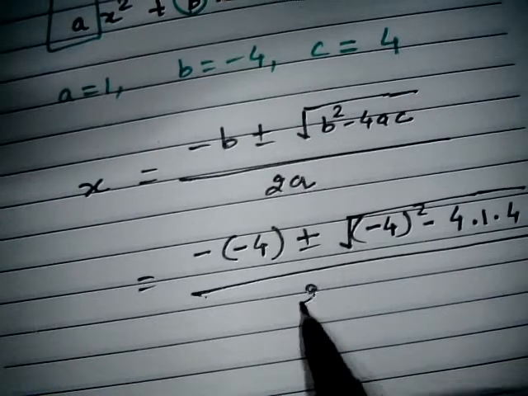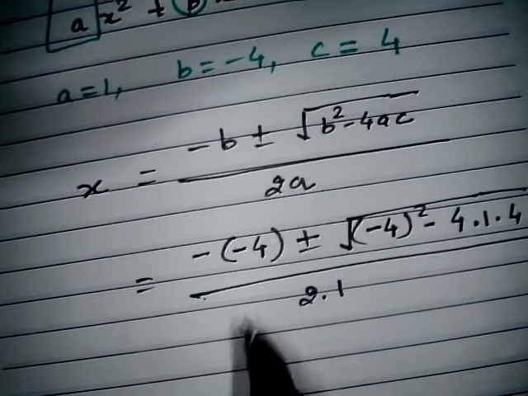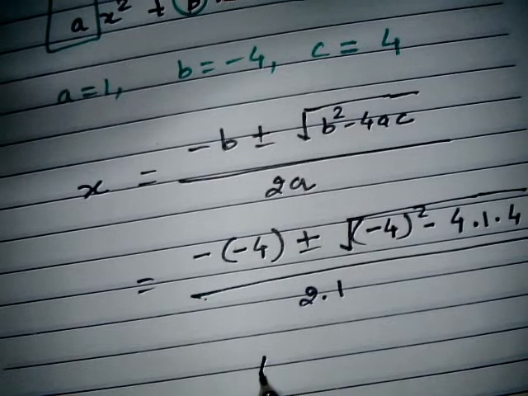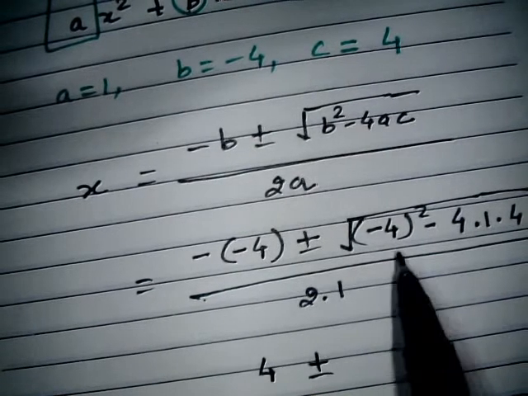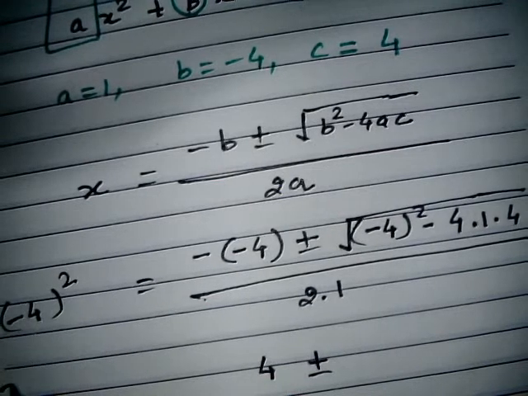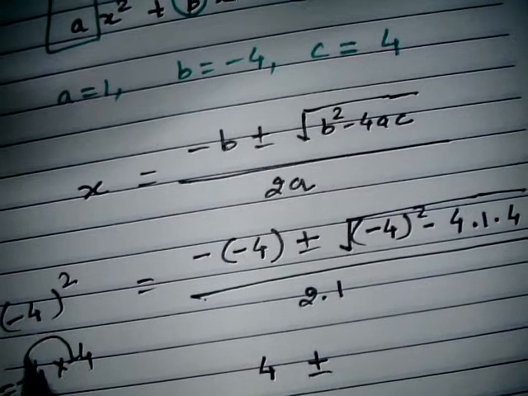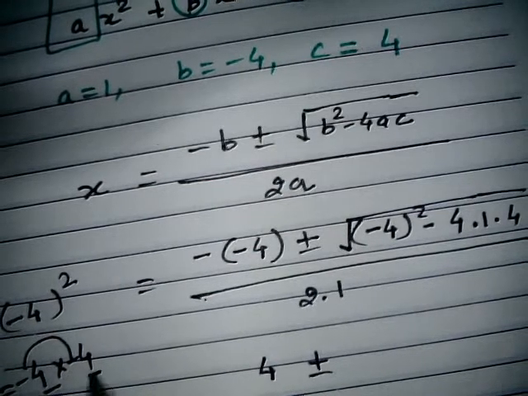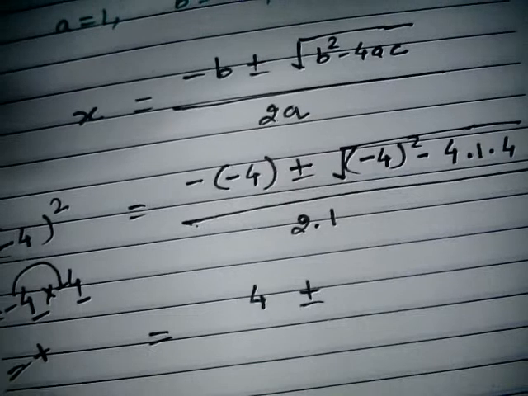Okay, negative times negative is positive 4, plus minus negative 4 square means negative 4 multiplied by negative 4. Negative times negative will become positive, and 4 times 4 is 16. So here this is going to be 16.